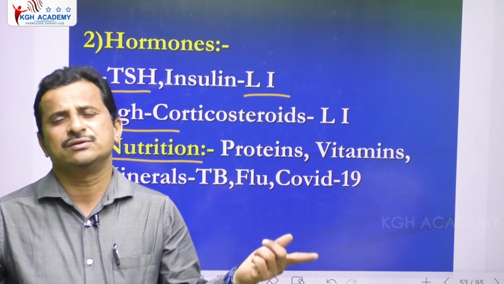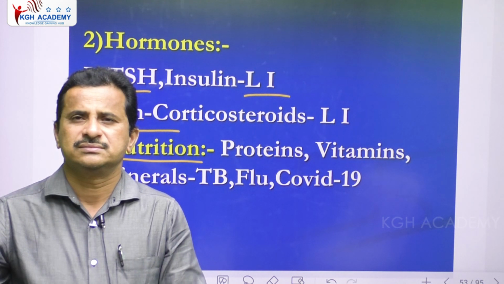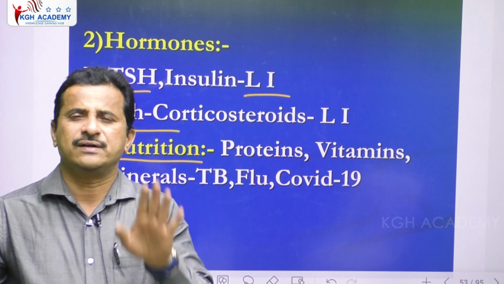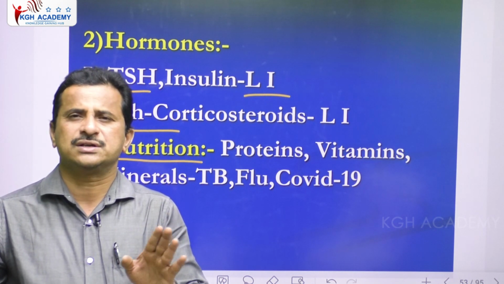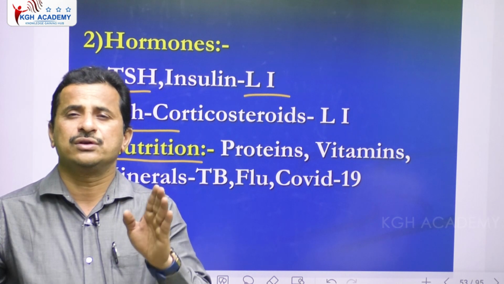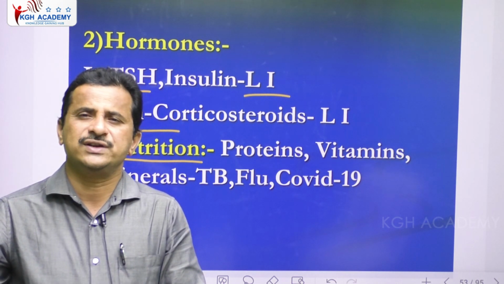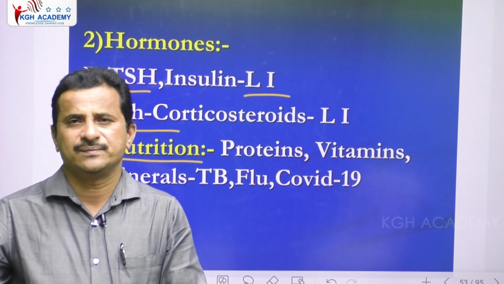One reason is nutrition. A good protein diet increases immunity. That's why after COVID, and to reduce cough and cold, doctors advise taking more nutrients, more micronutrients. Nutrient deficiency also decreases immunity.